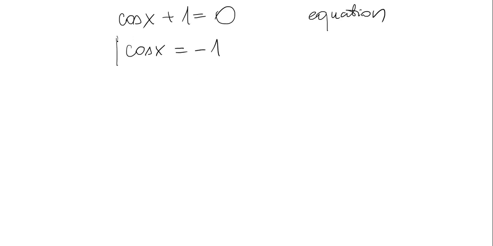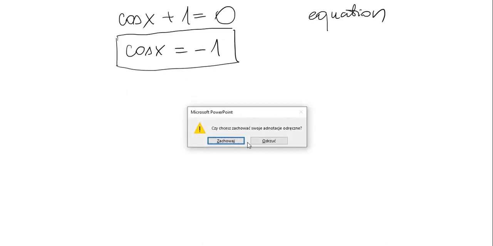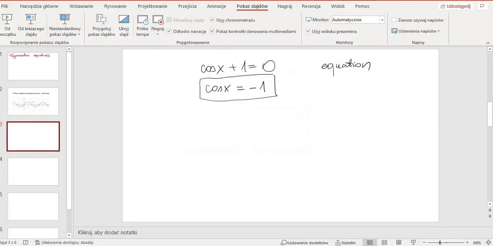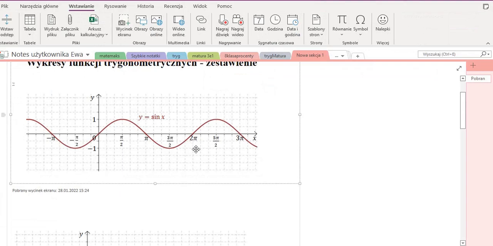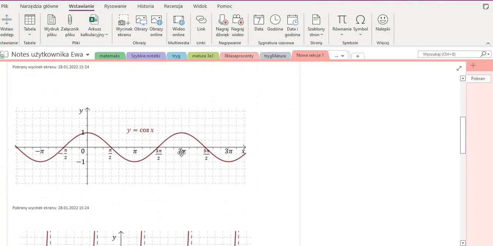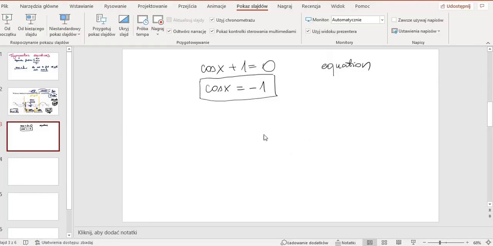And now I have to look for x's which have cosine equal to negative 1. So, let's see the function. Let me just come here for a minute because I need to find my function. Where is my cosine? Cosine is here.